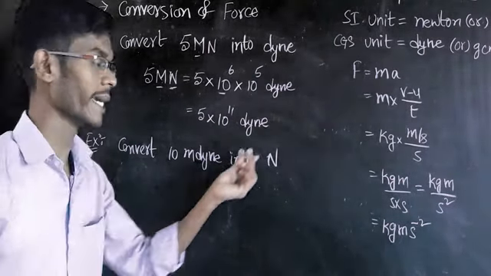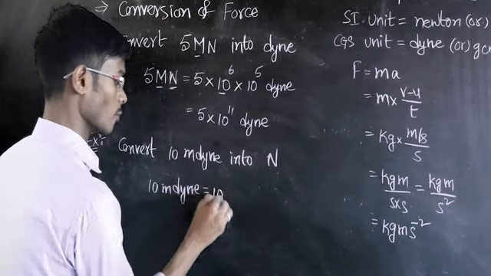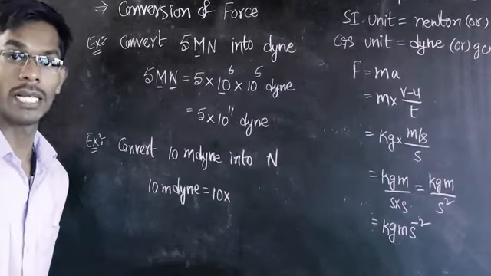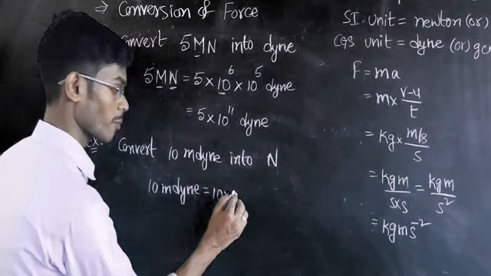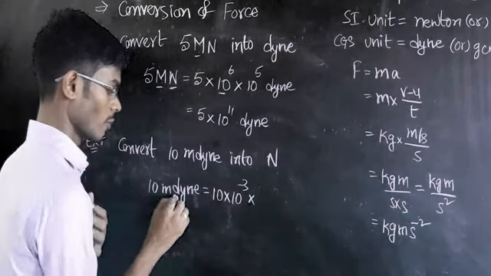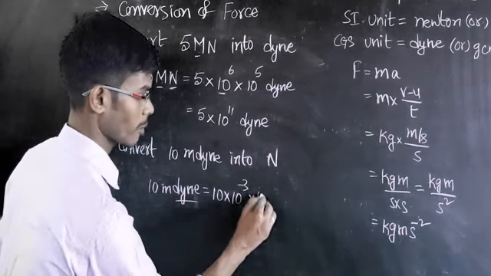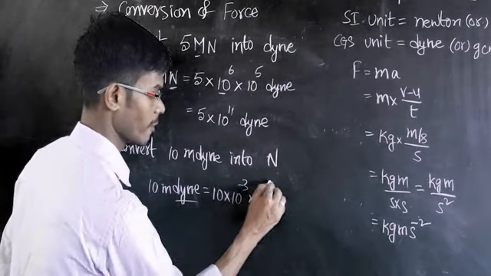So here 10 millidyne is equal to 10 into, what is the value of milli? Multiple for milli is how much? 10 to the power of minus 3 into 1 dyne is equal to how many newtons? We are converting from dyne to newton. Then 1 dyne is equal to 10 to the power of minus 5 newtons. So in the place of dyne, substitute 10 to the power of minus 5 Newton.